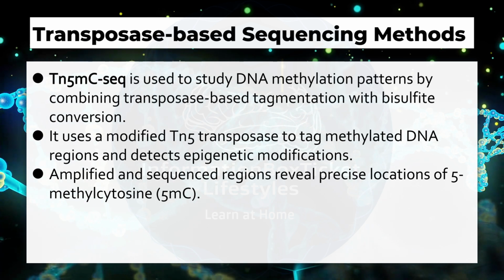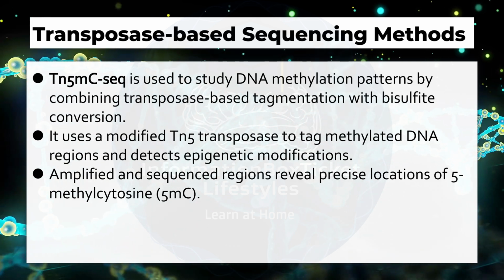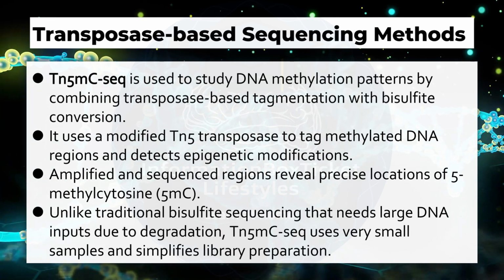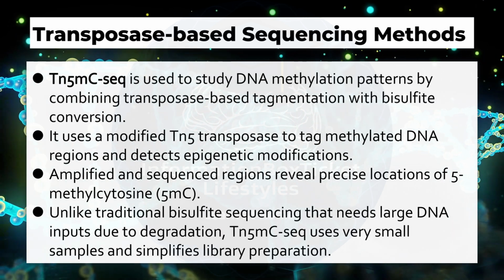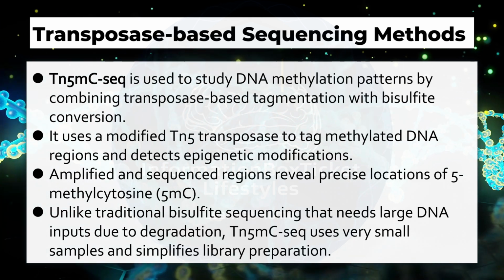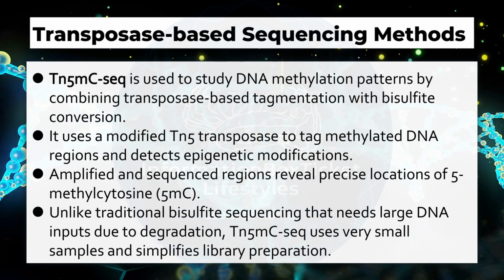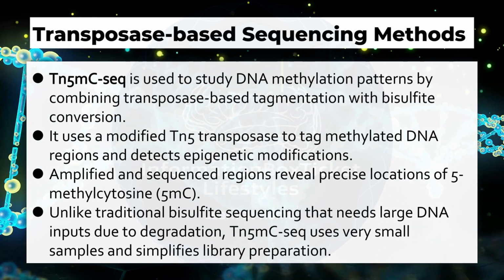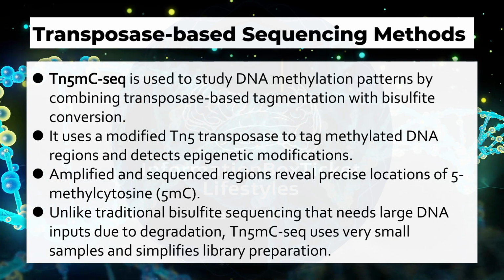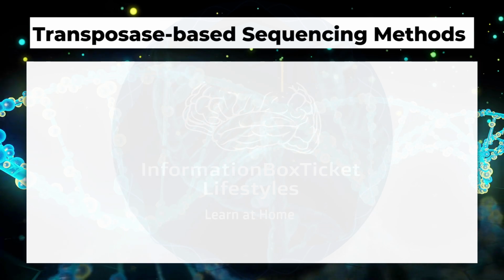Amplified and sequenced regions reveal precise locations of 5-methylcytosine. Unlike traditional bisulfite sequencing that needs large DNA inputs due to degradation, this method uses very small samples and simplifies library preparation.